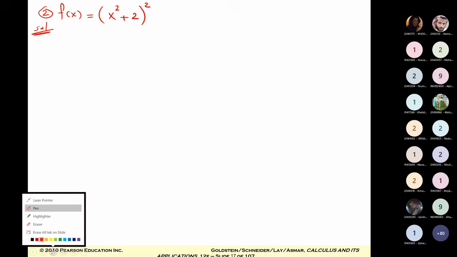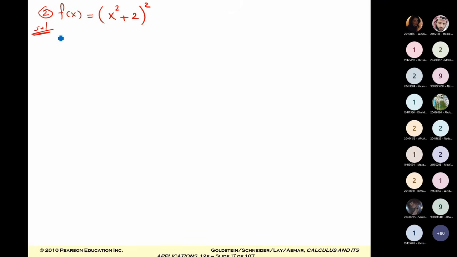We put x squared plus 2, all to the power 2. Like this. Okay? The solution, we need to find f double prime. The first line: put the 2 in front of the same brackets, the new power equal to 1, and multiply by the derivative inside the brackets, 2x.